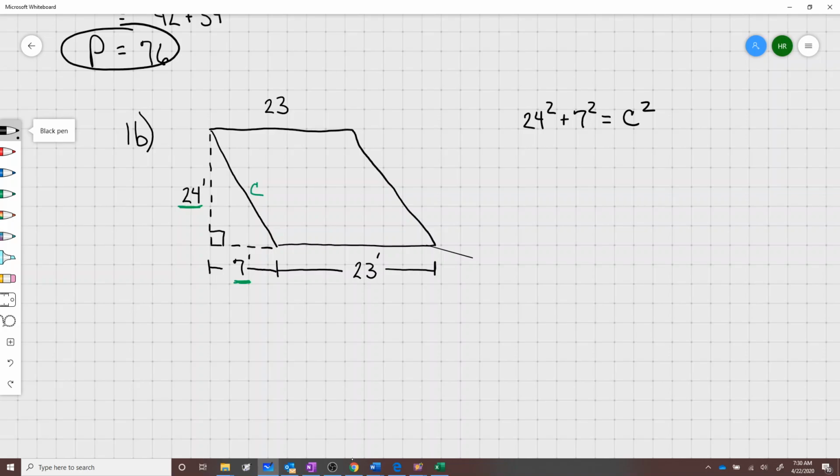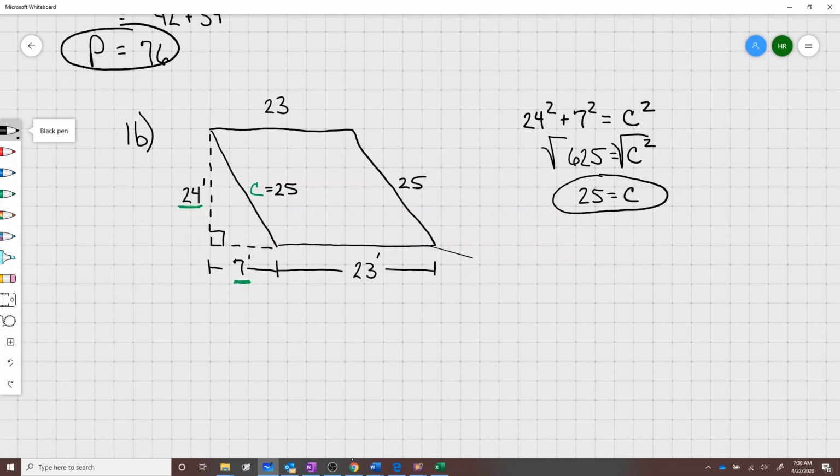So 24 squared plus 7 squared is equal to 625 equals c squared. So if we find the square root of each of these sides, the square root of 625 is 25. So this distance right here represents this side c, which is both the left-hand side and the right-hand side of this parallelogram.